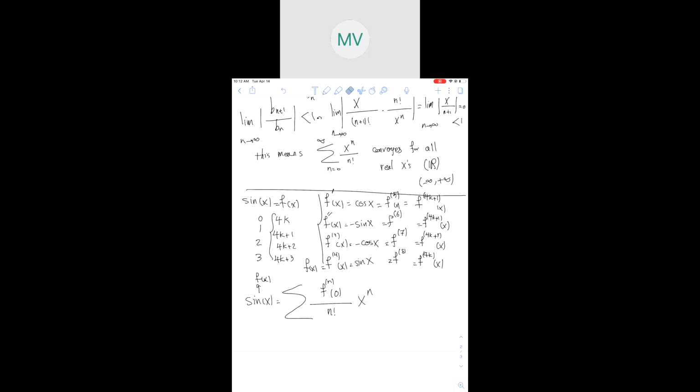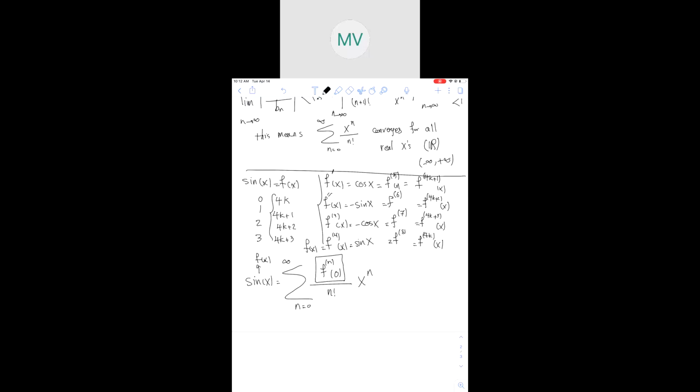So what I'm trying to do here is finding the formula for the nth derivative of sine at 0, starting from 0 to infinity. As you can see here, according to what we calculated above, what is the 4k plus 1 order derivative of sine at 0?